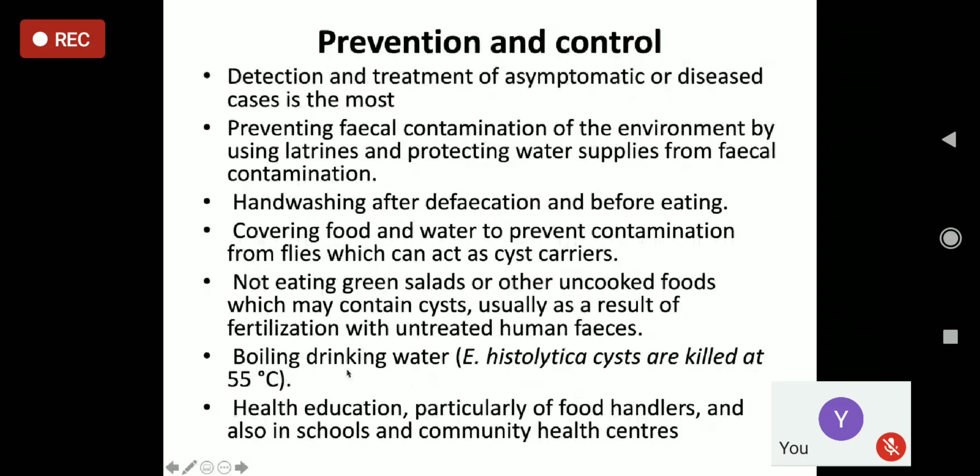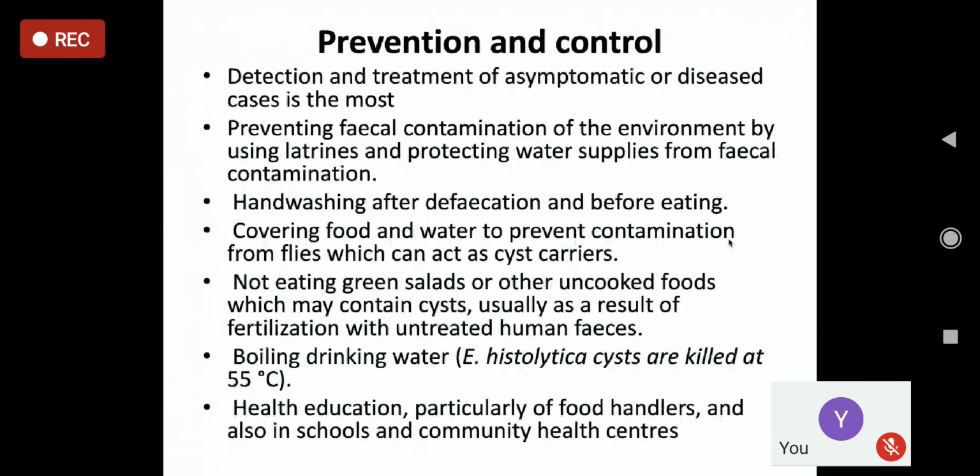Another is health education to all people, community people, even school children, and the people working in community health centers. For them, we have to give health teaching or awareness programs about the preventive measures for this disease.